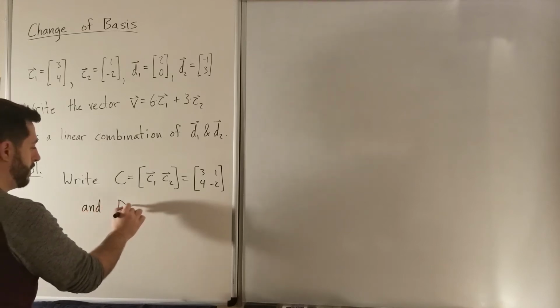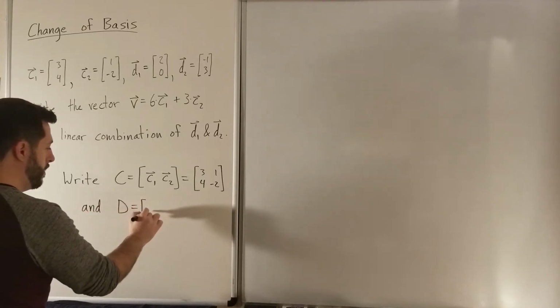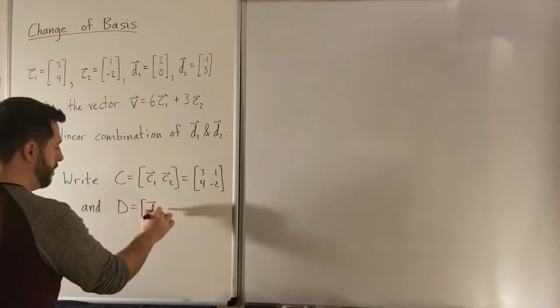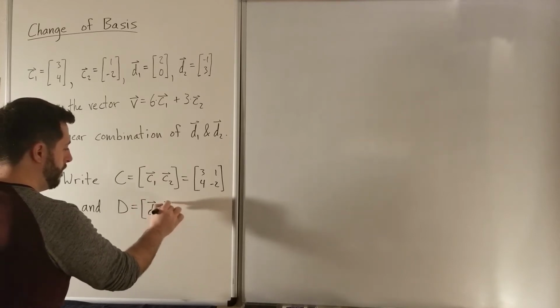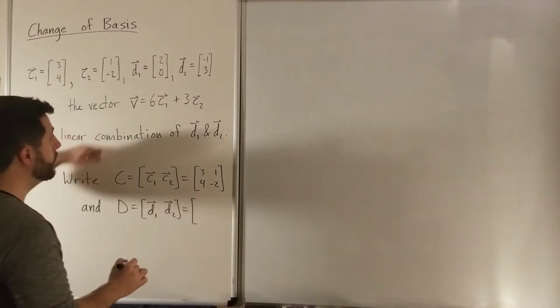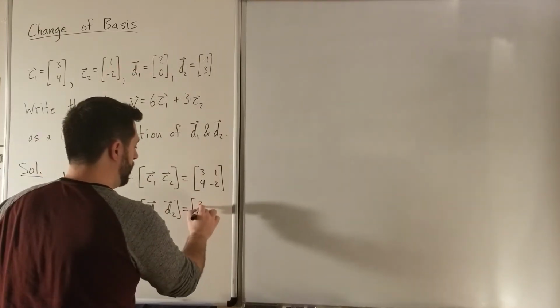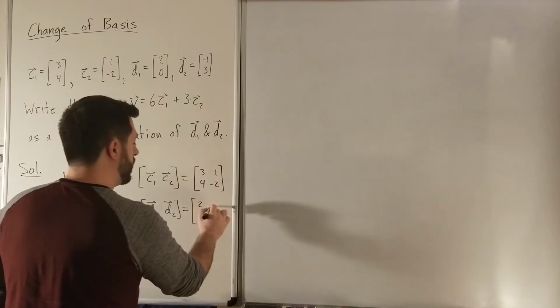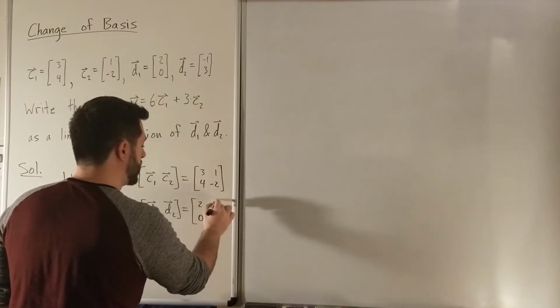And I'm going to do the same thing for D. So 2, 0 in the first column and negative 1, 3 in the second column.